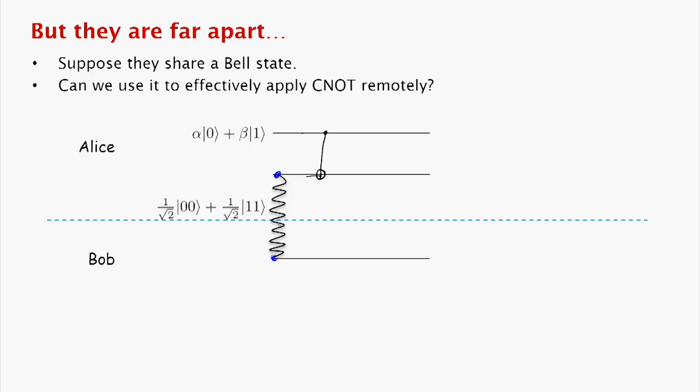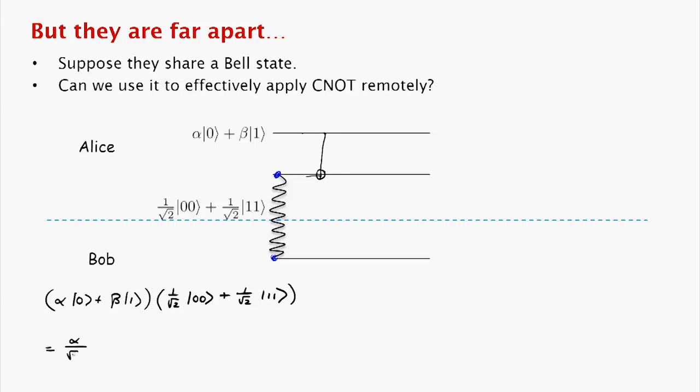Okay, so now let's figure out what the state of these three qubits is after she applies the C0 gate. Well, first, let's figure out what the state was before she applied the C0 gate. It was alpha 0 plus beta 1 for her qubit times 1 over square root 2 00 plus 1 over square root 2 11, which is what?